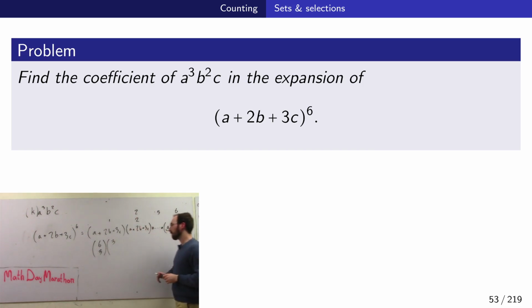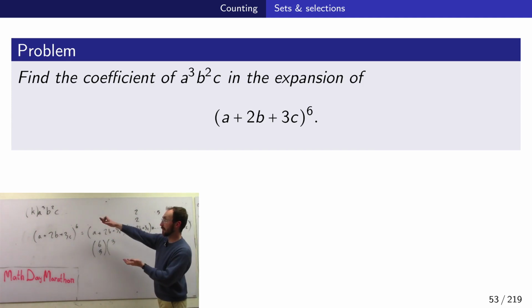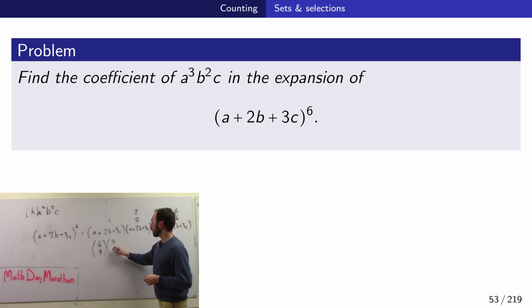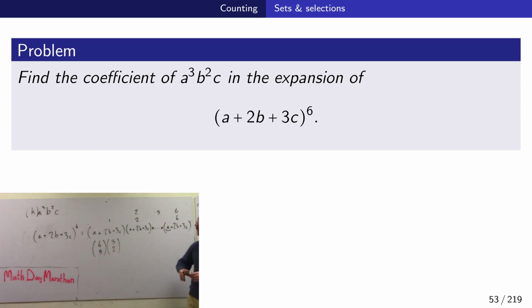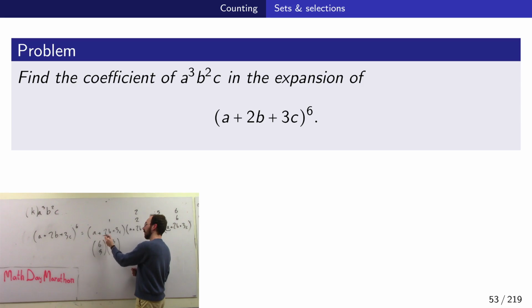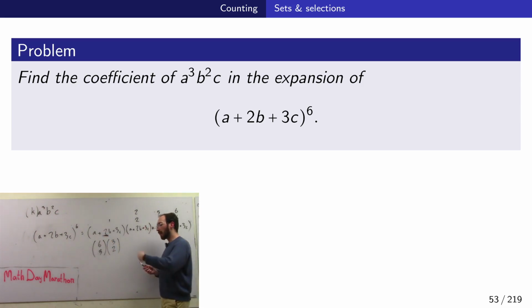I have 3 different spaces that I can actually choose from, and I'm going to get 2 b's. So I'm going to choose 2 from 3. And there's another added factor here, which is that there's this coefficient on b of 2. So whenever I pick a b, I have to multiply it by 2. I'm picking 2 b's, so we get this little 2 squared for the ride.